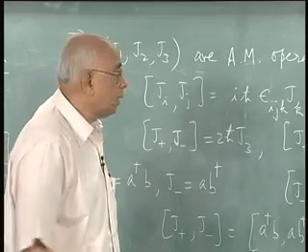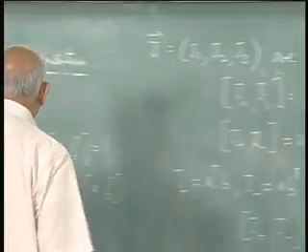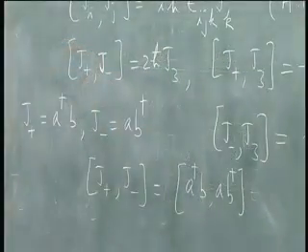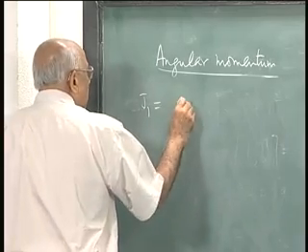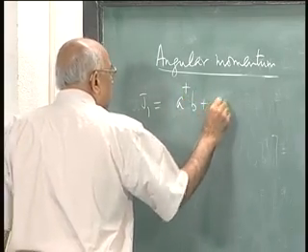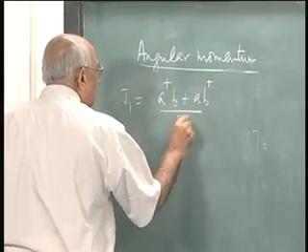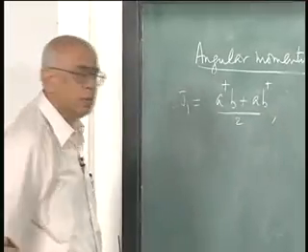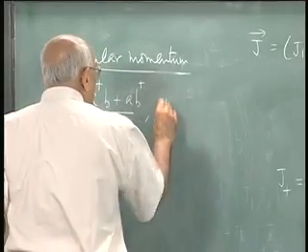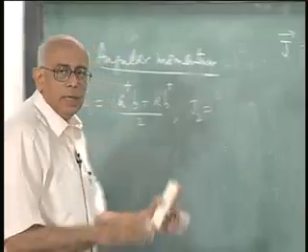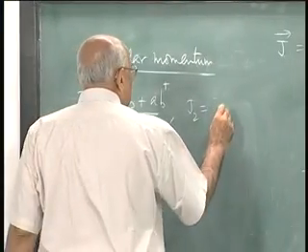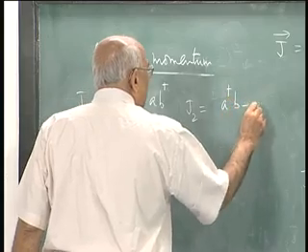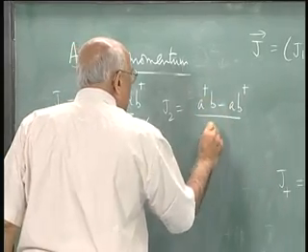So it is clear, and the rest of it you can check out, that if I define J1, J1 is J plus plus J minus over 2, so this is equal to A dagger B plus A B dagger over 2. J2 is J plus minus J minus over 2i, so this is equal to A dagger B minus A B dagger over 2i.